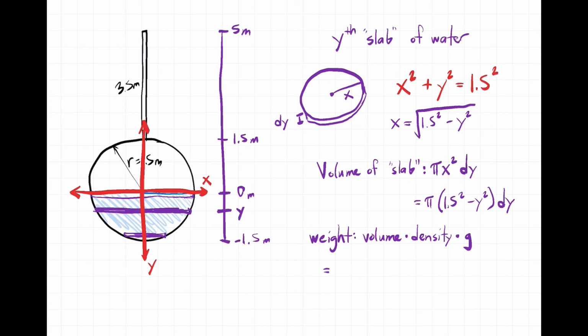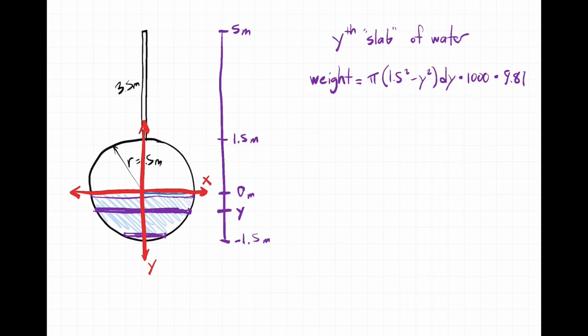This is going to be pi times 1.5 squared minus y squared dy times the density, which is still 1,000 kilograms per cubic meter, times g, which is 9.81 meters per second squared. I'm not going to write the units this time. This is not a terribly complicated formula. It's a function with a bunch of coefficients, but we don't need to worry too much about those.